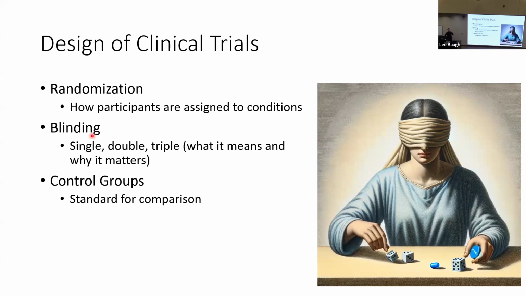So if it is a pharmacological agent that they're taking, you want them to take a pill just like your experimental group, at the same frequency, the same time, it looks the same, it comes in a similar bottle. You want all of that matched, and then any effect that you see between our experimental group and our control group is a result of the medication, not of things like expectancy biases or placebo effects.